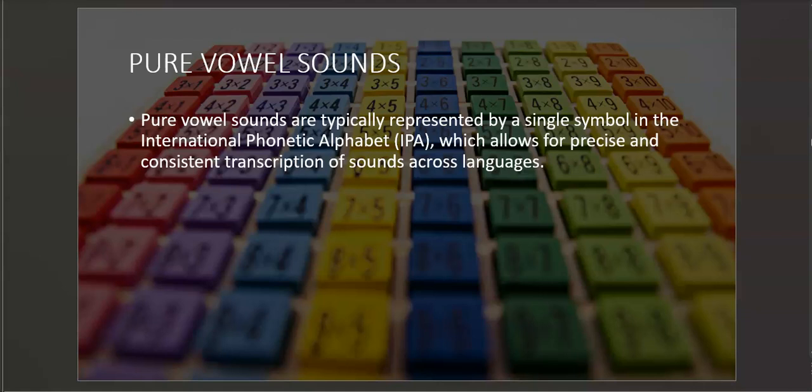Pure vowel sounds are typically represented by a single symbol in the International Phonetic Alphabet, which allows for precise and consistent transcription of sounds across languages.